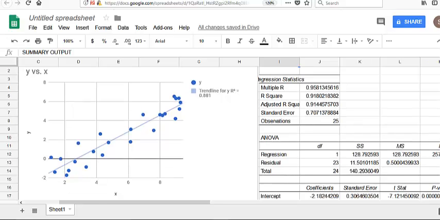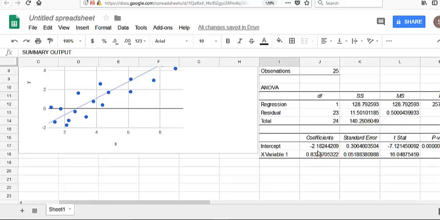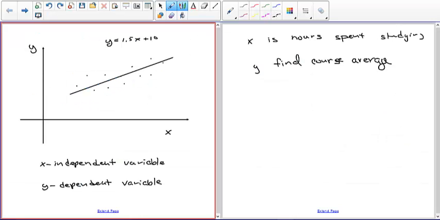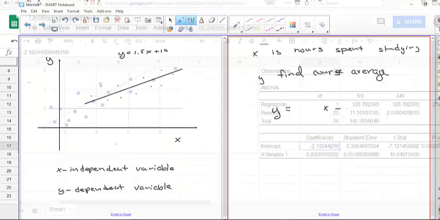And the other thing, if you go down here, there's a lot of stuff I don't even know what it means. These two coefficients give you the equation for the line. So we have a y-intercept of negative 2.18. So I'm going to write that out. The equation for the line is minus 2.18.